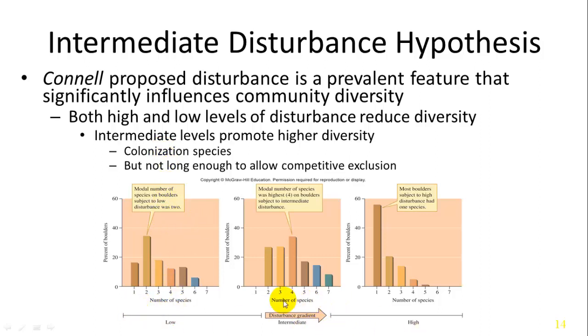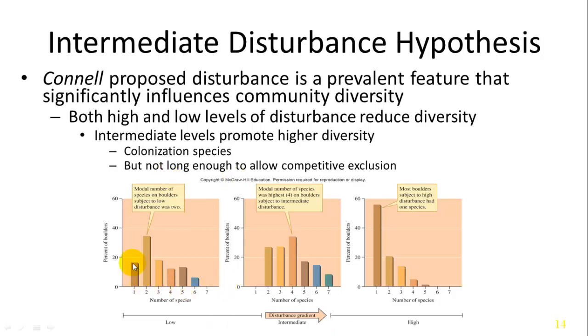So one study looked at the boulders in the intertidal zone. Okay, and a large boulder will not be moved by the waves, so it's basically an example of low disturbance. The big boulders won't move, so they are not really being disturbed. Whereas the small boulders will move very easily, and so they are disturbed frequently.